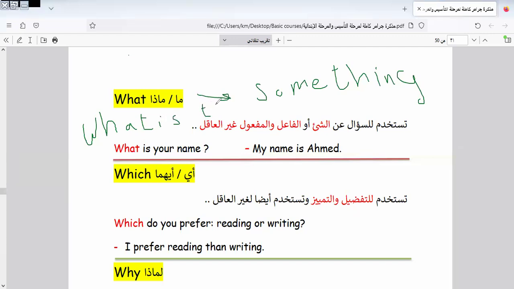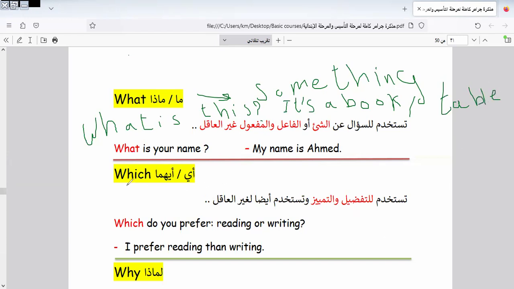The answer will be: this is a book, this is a bag, this is a pencil, and so on. You can also say: it's a book, it's a pencil, it's a table, and so on.